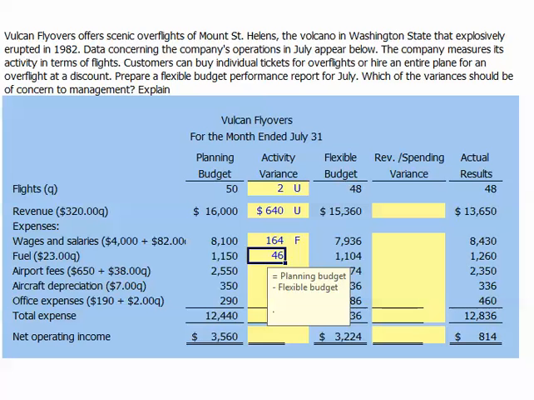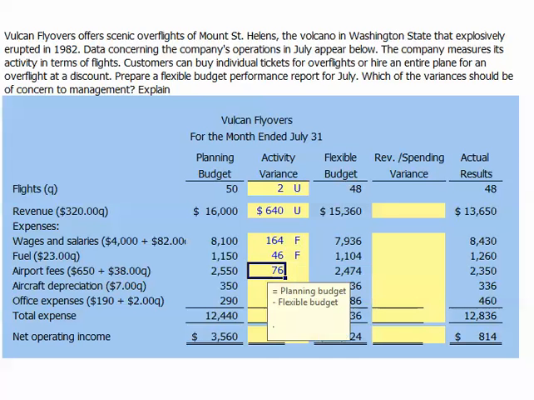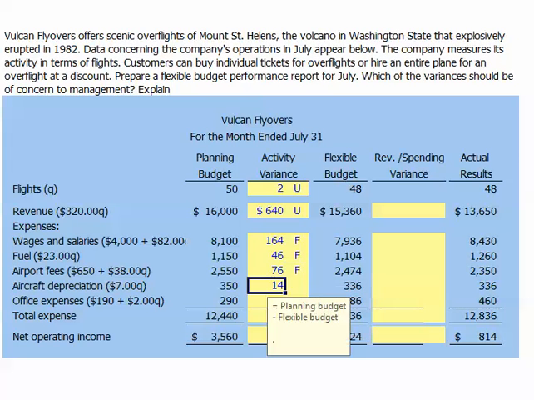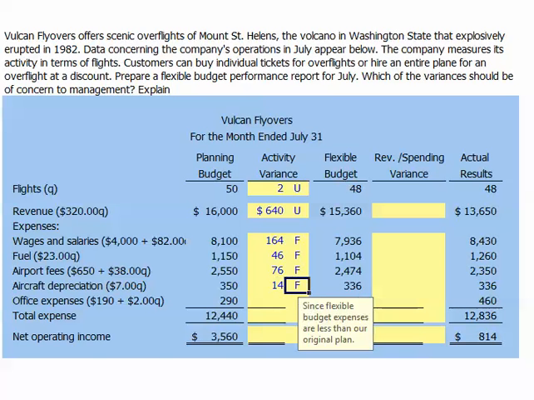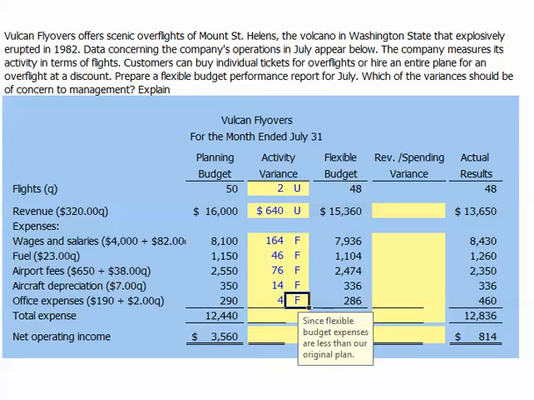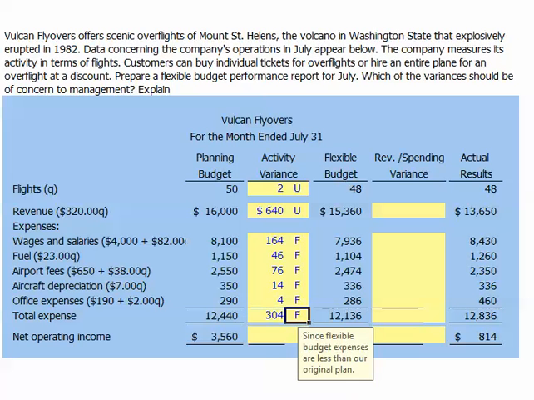Again, that's the difference simply between our planning budget and our flexible budget, and again, a favorable variance since our flexible budget's less. Airport fees, we've got a $76 favorable variance. Aircraft depreciation, we've got a $14 favorable variance. And for office expenses, we've got a $4 favorable variance. Our total expense variance is $304, and again, it's favorable.